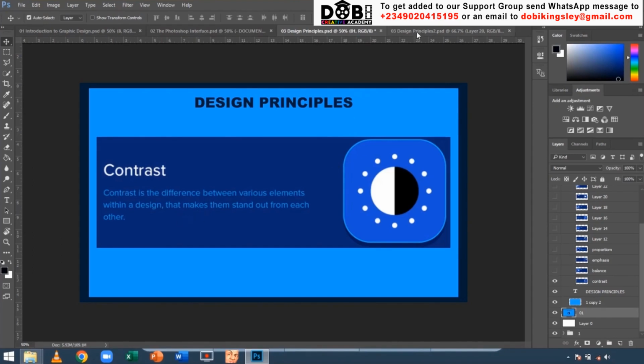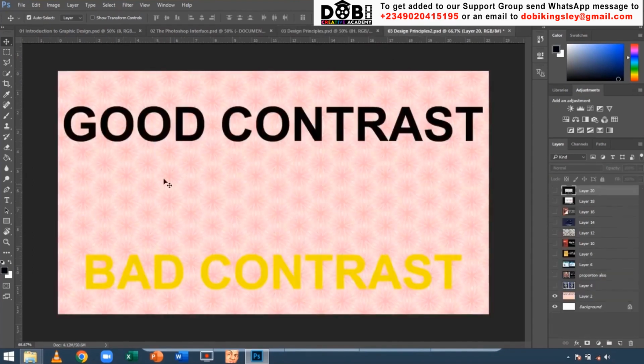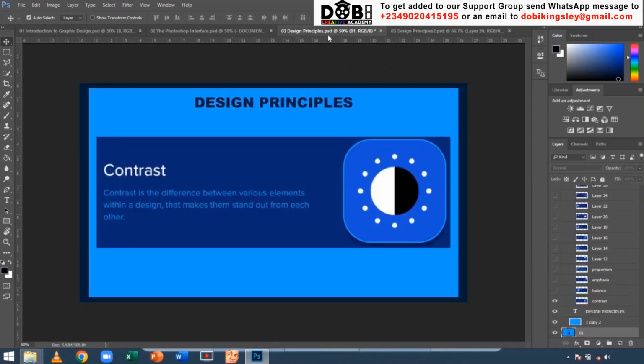So here you can see good contrast and bad contrast, where you have two light colors, or two dark colors, or two bright colors, and it's just not working. You can see the good contrast here, very clear to read, but here it's just shouting in your eyes and it's painful to read. So just take note of that.